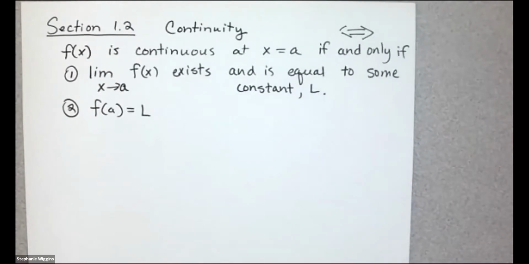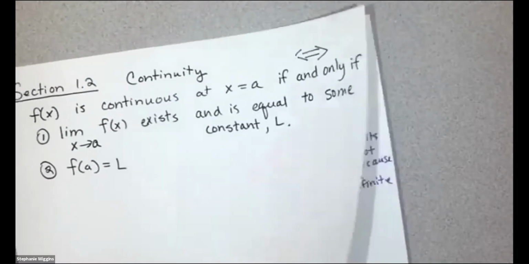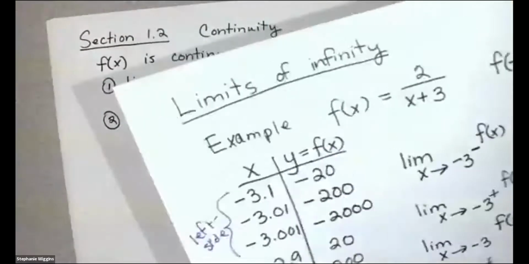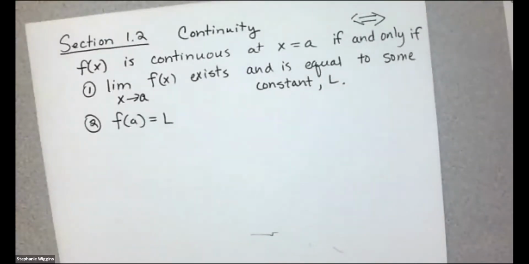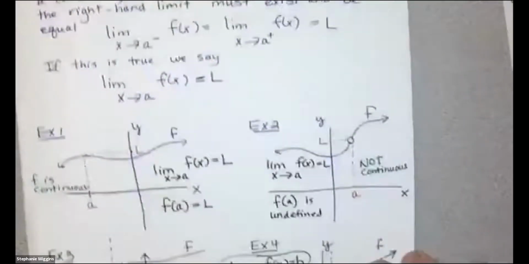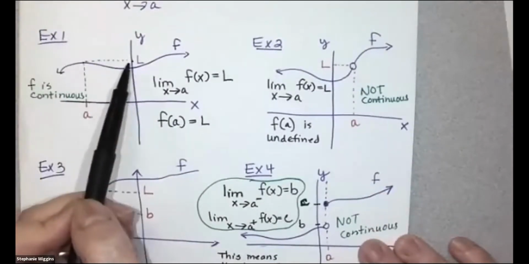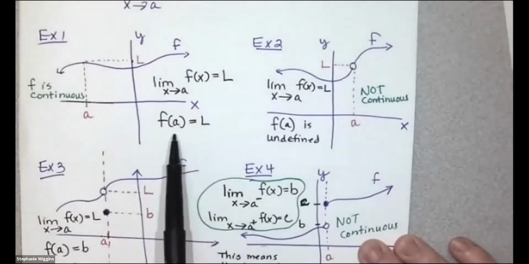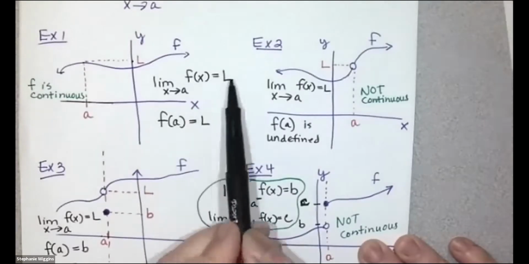So if we go back to the pictures that I was showing you earlier, in light of this definition, you can see right here, the definition says that the limit has to exist, okay, and the function value at a has to be the same as the limit.